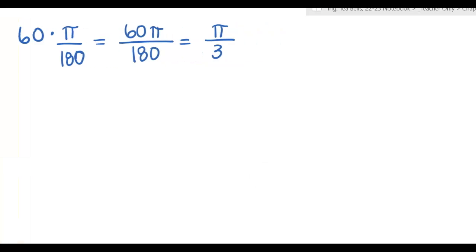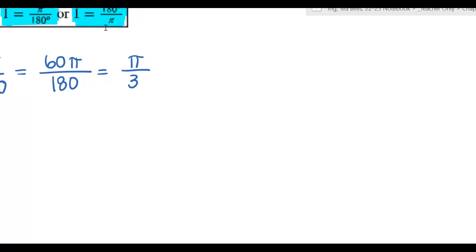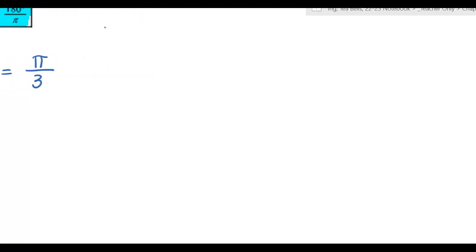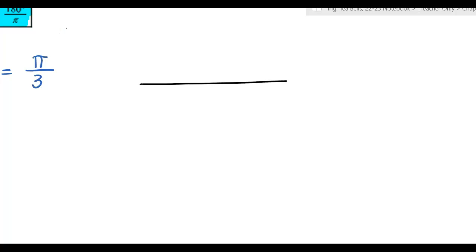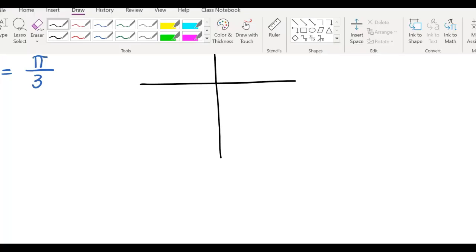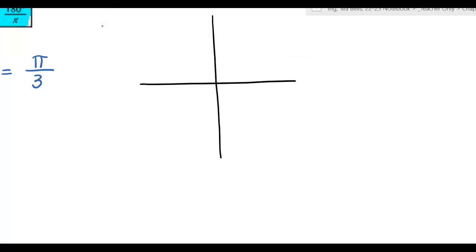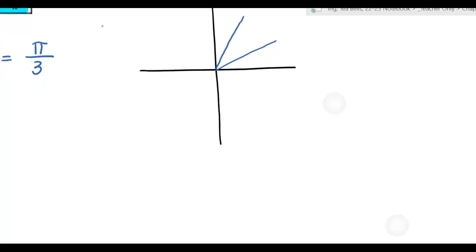Let's connect that back to the unit circle, so I'll draw a little coordinate plane. If we're thinking about increments of 30 to create the 30 or the 60-degree angle, we can separate the upper half into equal pieces.